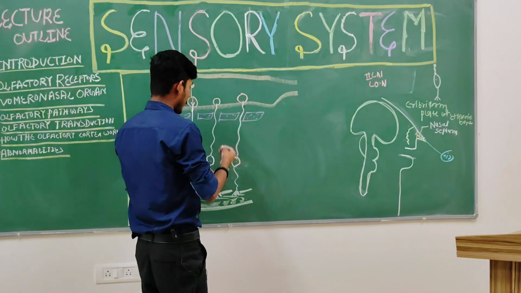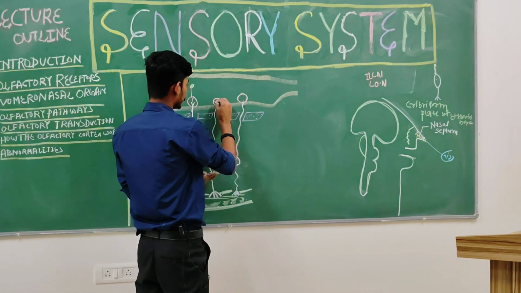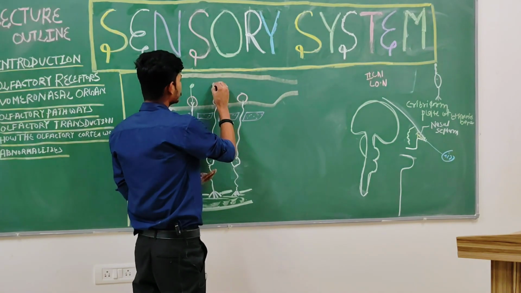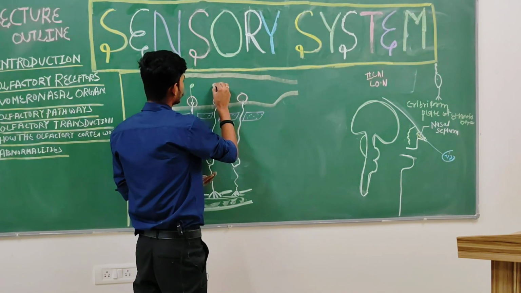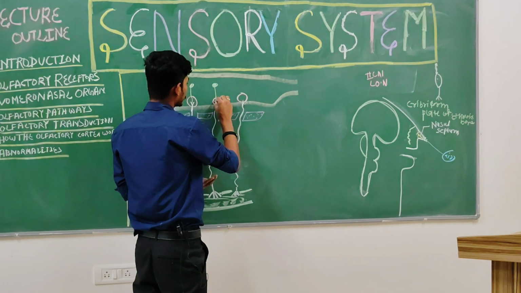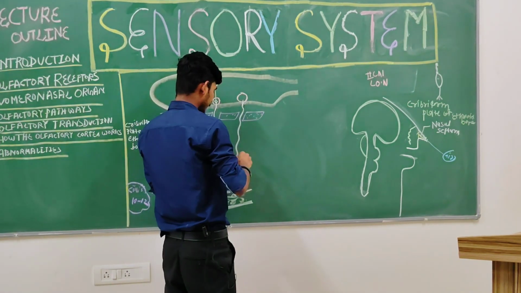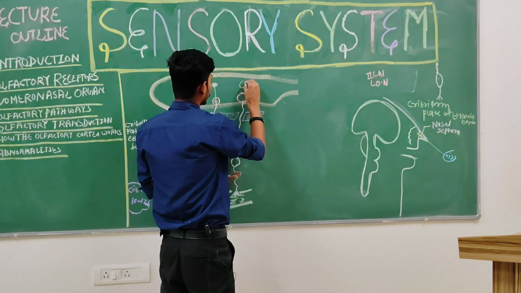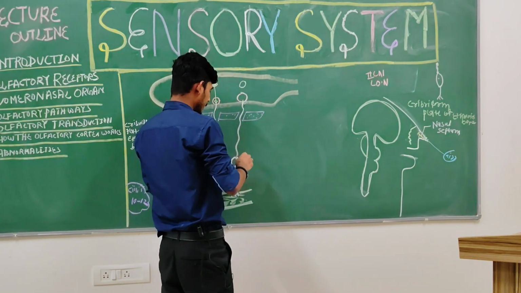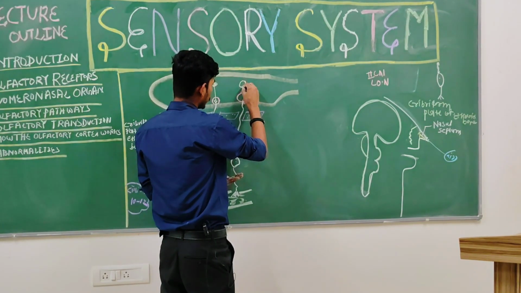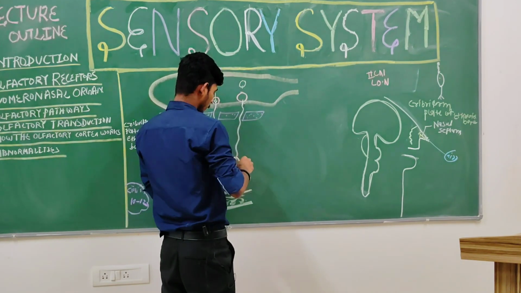Okay, are you understanding? So these are your mitral cells which are making the connection, or we can say the synapse, with the dendritic portion of olfactory receptor neurons.